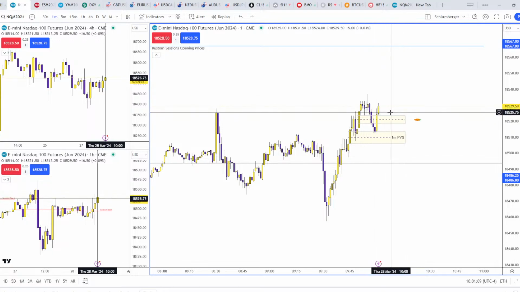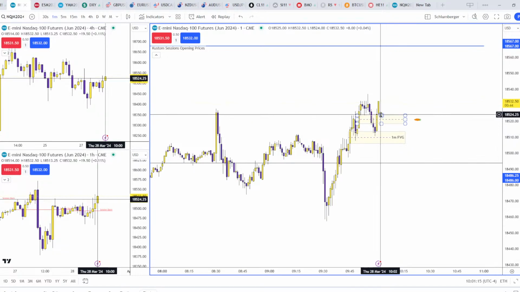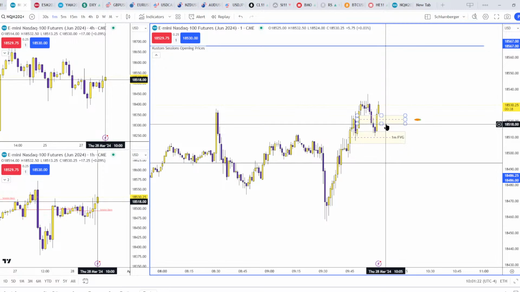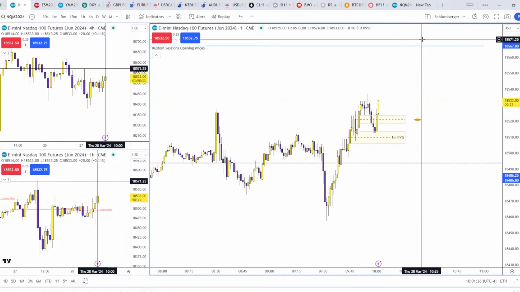There's your rejection block. If it turns around now and comes back through, reverse your idea. See, it was really, really tight there. That's a fail-safe that saves you at break-even versus getting taken out here. And then you look for your next price leg up.